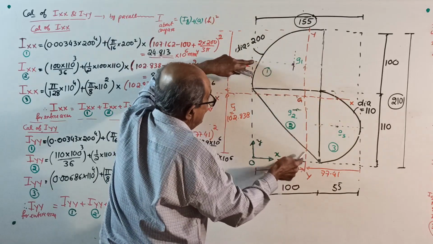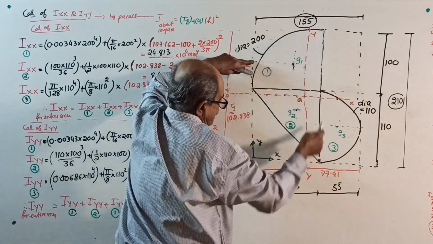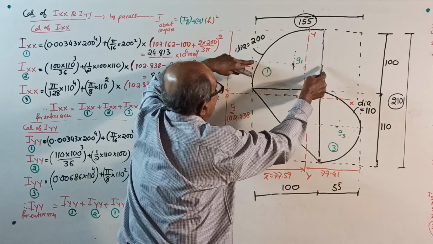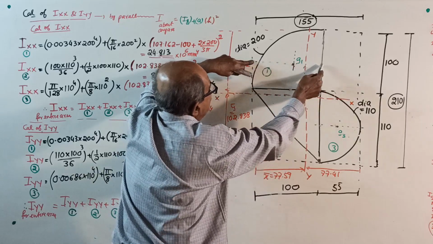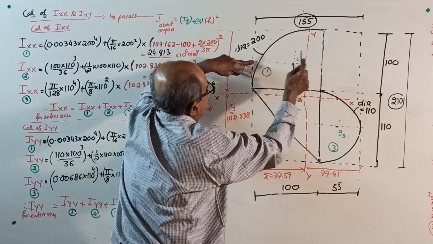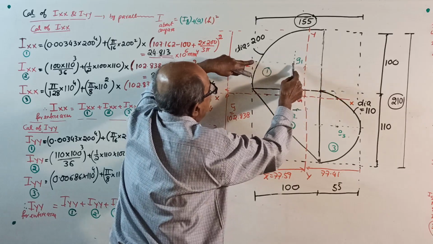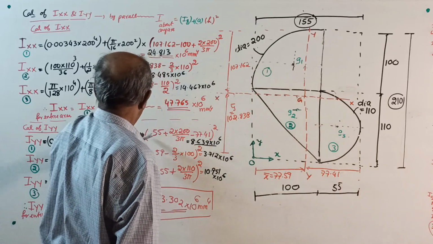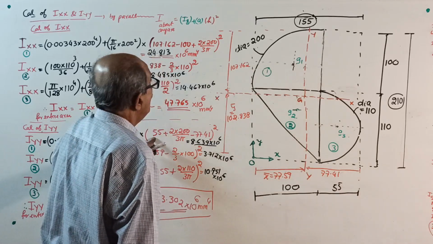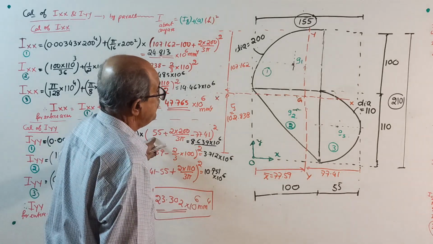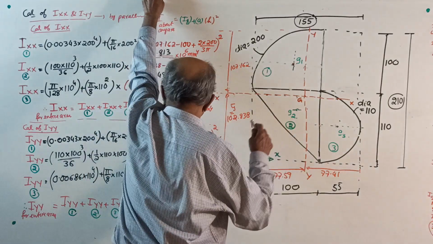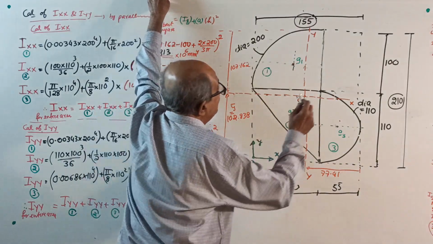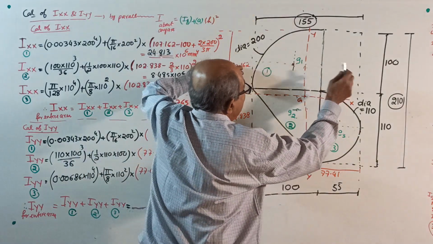How much is it? See, you find this distance. That is, where is it? Oh, 100. This is 100 minus 2d by 3 pi. Where is the calculation? I wrote 55. Where is 55? Oh, sorry, not 100, it is 55. Or you do one thing, you better look at this side.